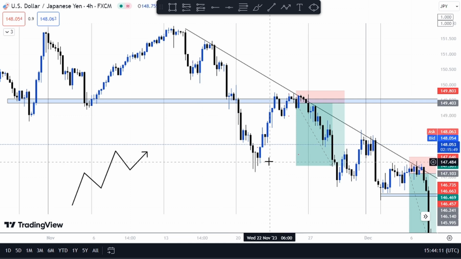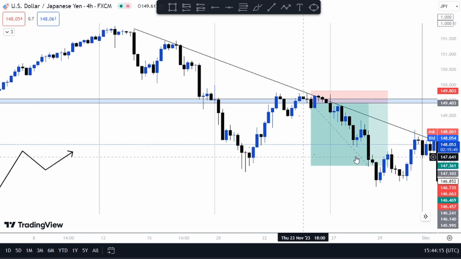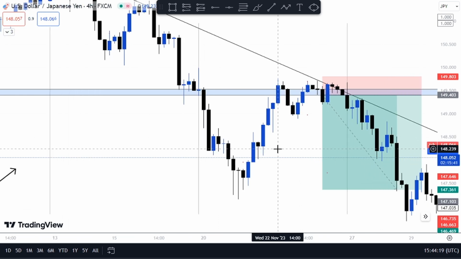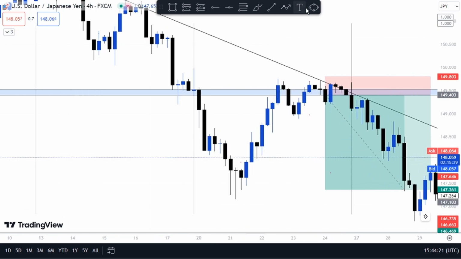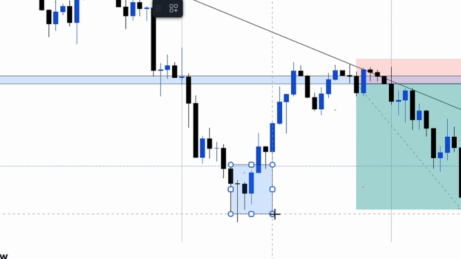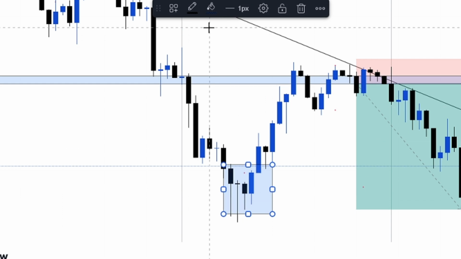So simply put, I'm going to zoom these things for you to see it very well. I have a perfect example for you here. You see this fall candle that just happened over here. Let me do it well so that you see it.